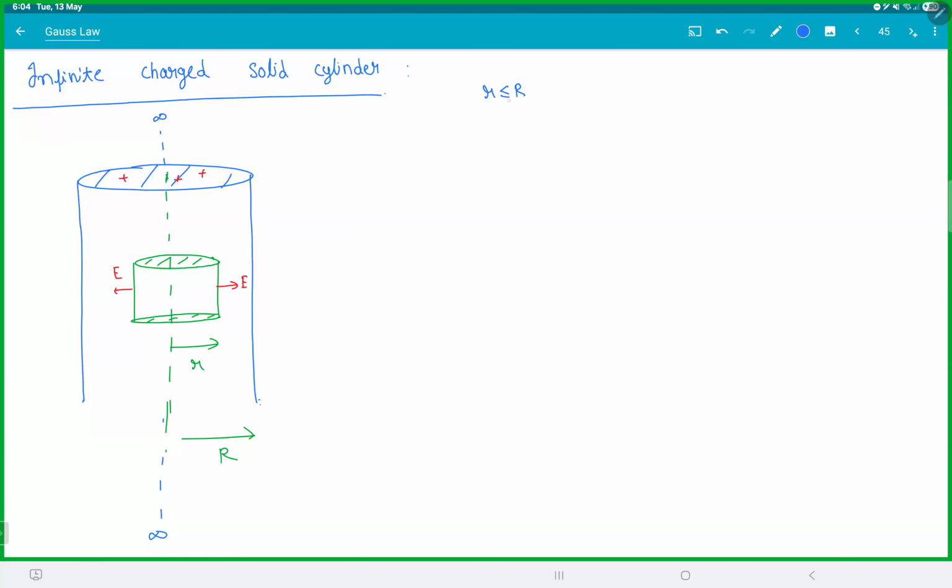For r less than or equal to R, the flux integral E dot dl is equal to q enclosed by epsilon. This will be E into 2 pi r l is equal to the charge inside, rho into volume of the cylinder, which is pi r square L, by epsilon. So that was an easy one.